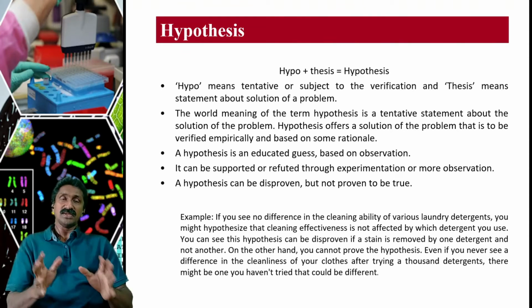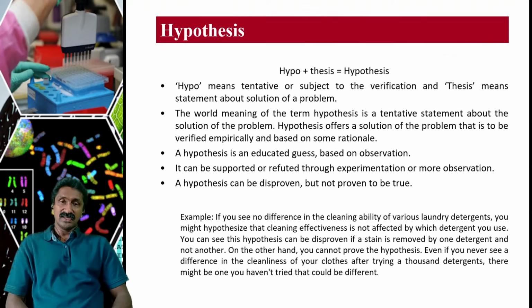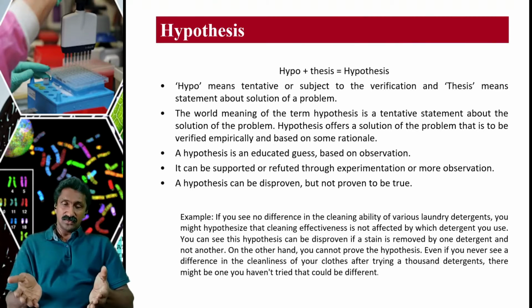So that possibility is there. Which means there is always a chance that the hypothesis can be disproven under another condition. So a hypothesis cannot be proved because we are testing only limited conditions.